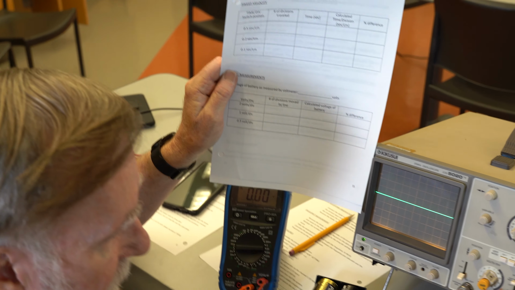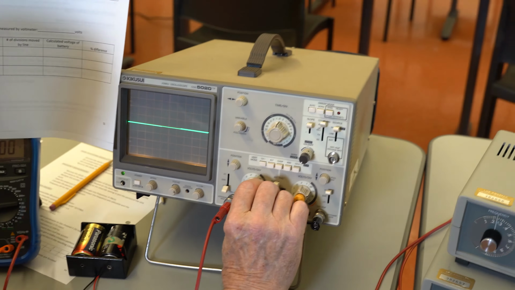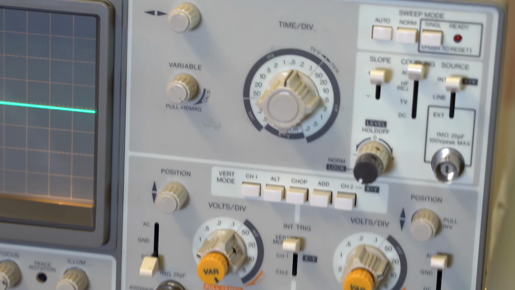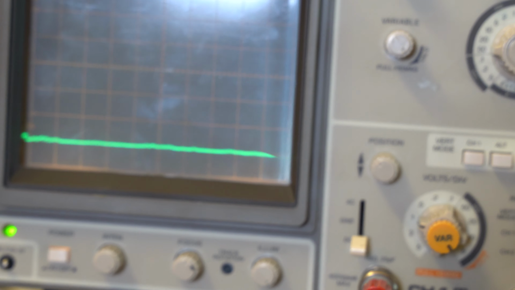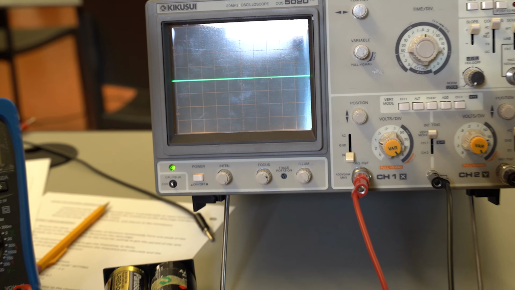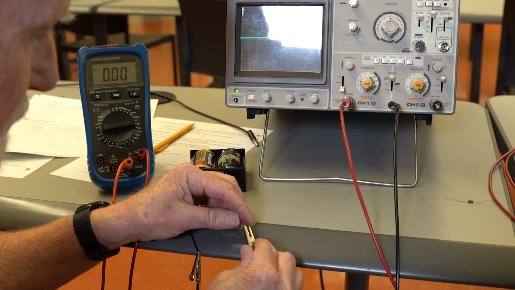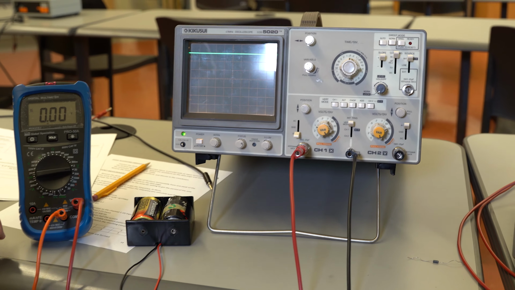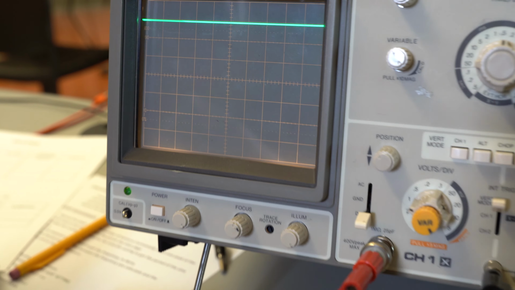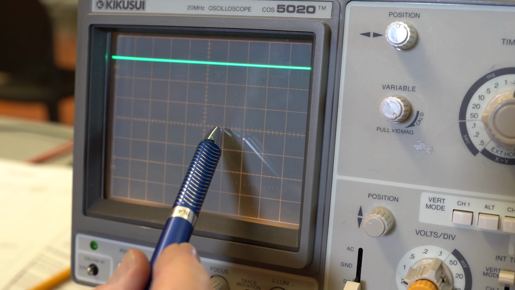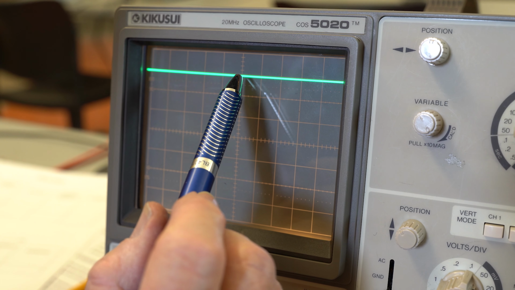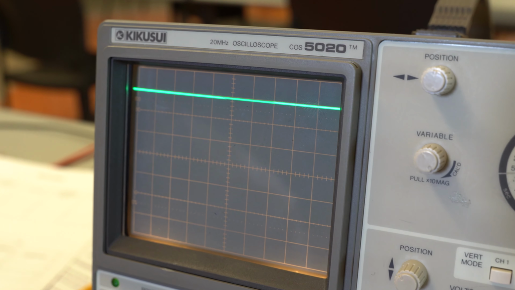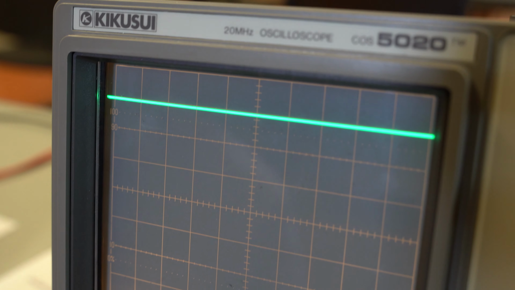Now let's make it more sensitive and go to the 1 volt per division setting. What do you expect is going to happen? Of course, it's going to jump even more than before because it's more sensitive. Wow, look at that. It jumped from the 0 line, 1, 2, looks like a little more than 2.9 divisions.